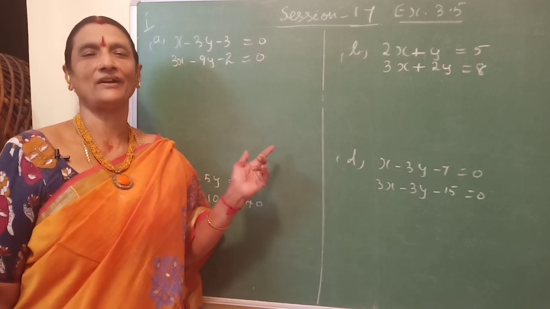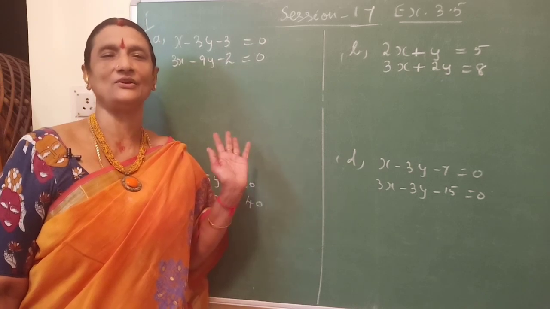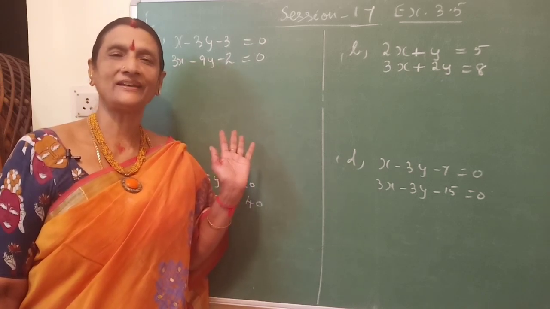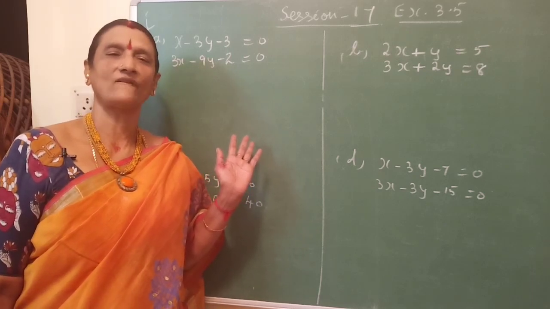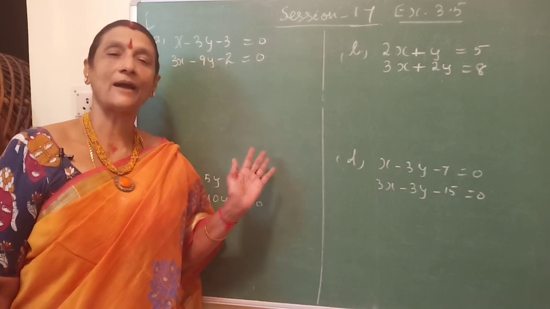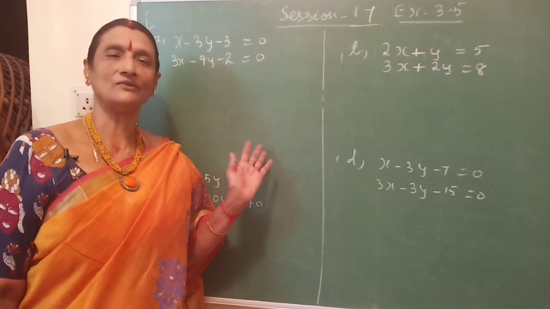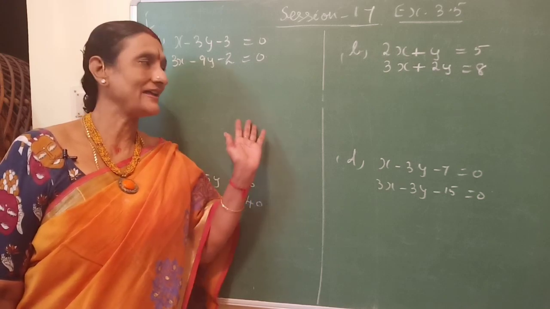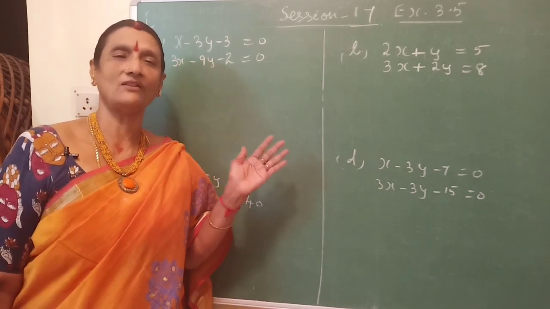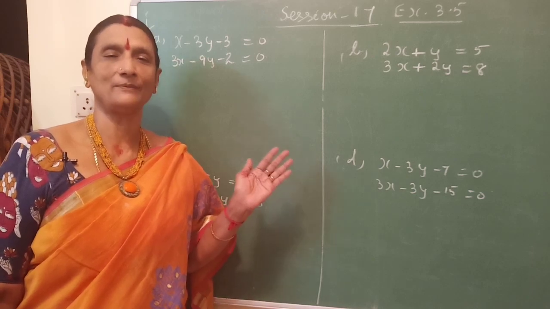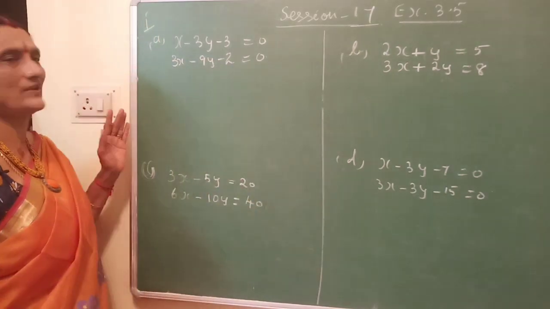So first we have to find out which of the 4 equations have unique solutions, by applying a1 by a2, b1 by b2 and c1 by c2. We will find out which one has a unique solution, and that particular equation we will solve using the method of cross multiplication or the formula. Are you understanding? Now let us first see the first subdivision.